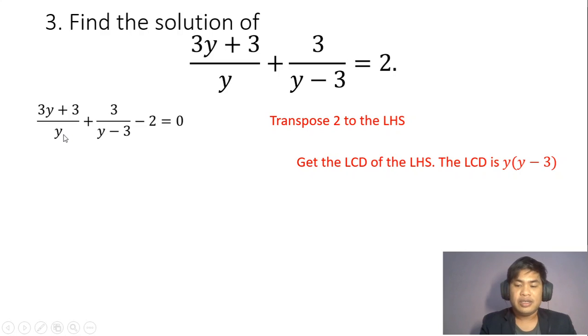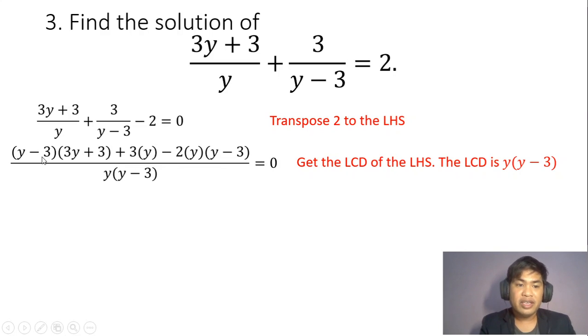So we have this, since the LCD is y times (y − 3). To get the numerator, we need to divide the LCD by each denominator. So y times (y − 3) divided by y is (y − 3), times (3y + 3).